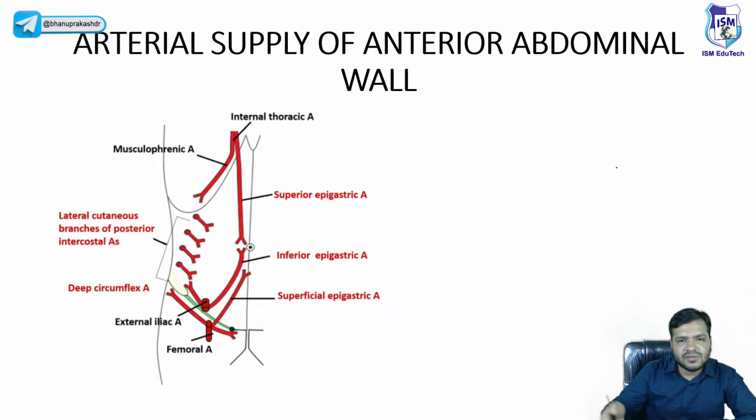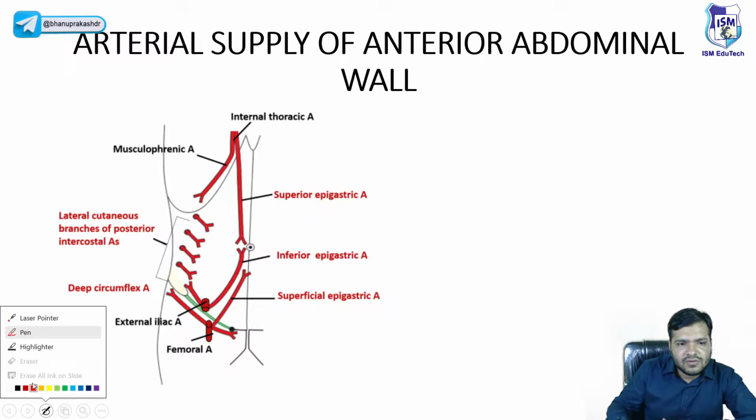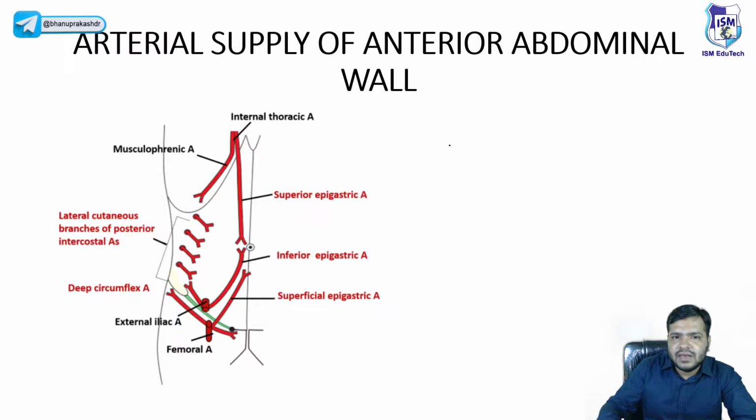हाँ, तो summarize करने के लिए if I just want to show you the diagram over here which is drawn in the books, so let us name. So we have the internal thoracic artery, which is dividing into musculophrenic artery, superior epigastric artery, we have the inferior epigastric artery, superficial epigastric artery.